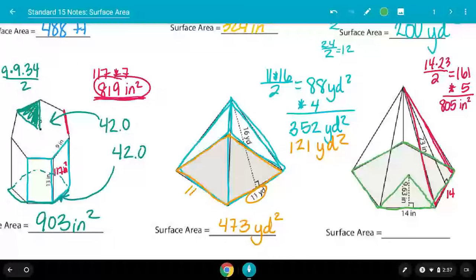The area of this triangle is going to be its base times its height divided by 2. So 14 times 9.63 divided by 2. So that little green triangle, the area of it is 67.4 approximately.